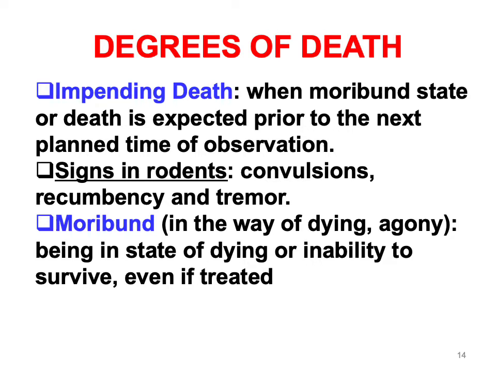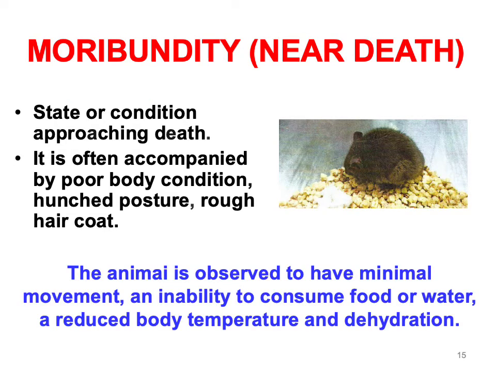And a moribund animal is in the way of dying or agony, being in a state of dying or inability to survive even if treated. And here are the illustrations. Moribundity, near death state or condition of the approaching death. It is often accompanied by poor body condition, hunched posture.